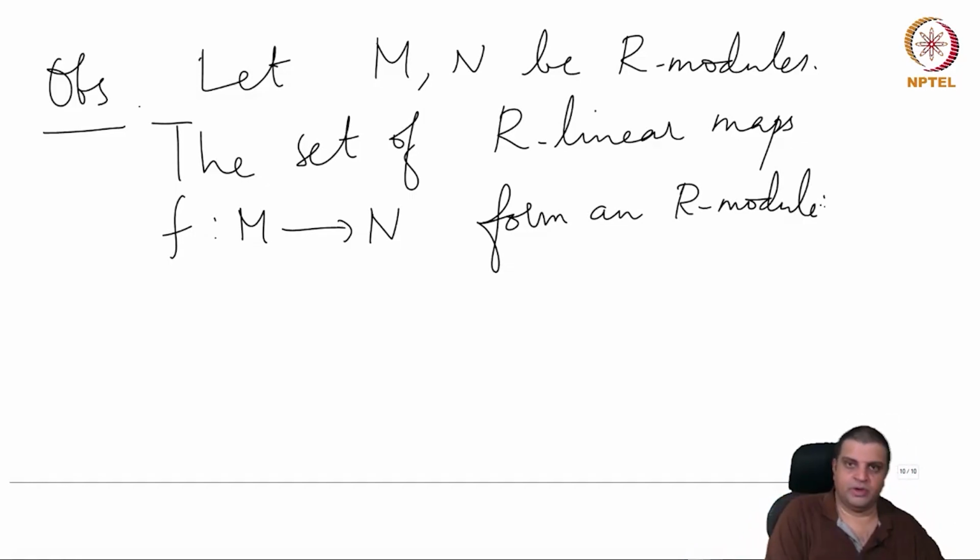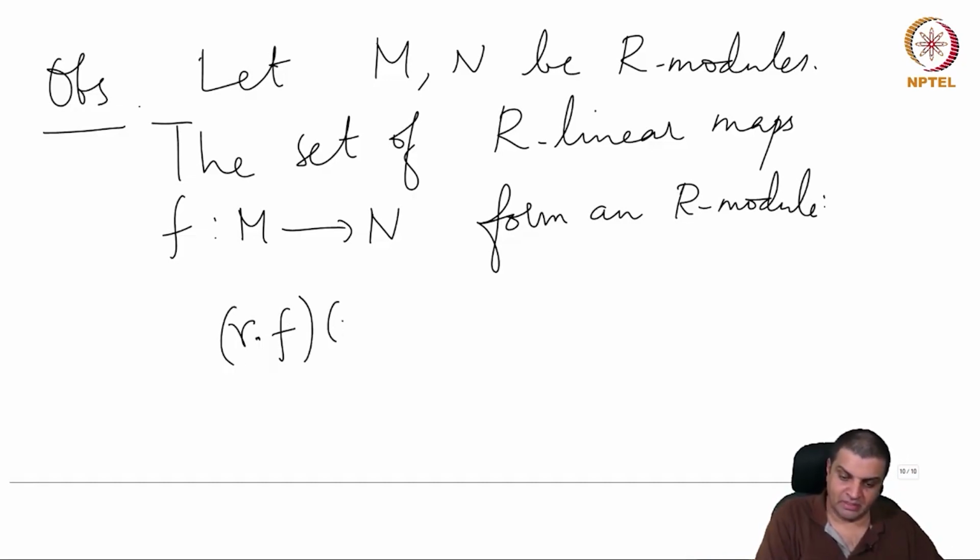So we have to say what the multiplication is, and check that it satisfies the definition. R times f itself is a homomorphism from M to N.